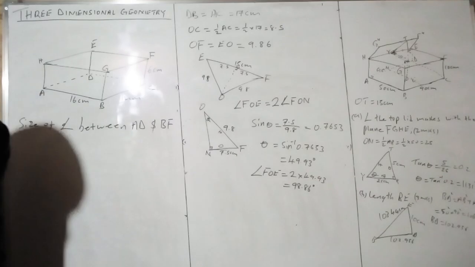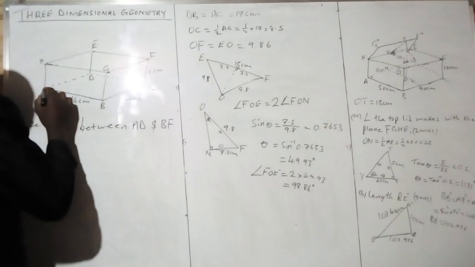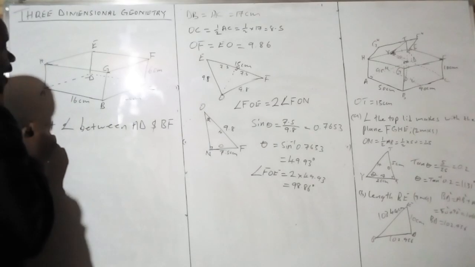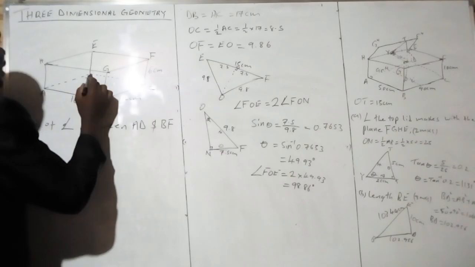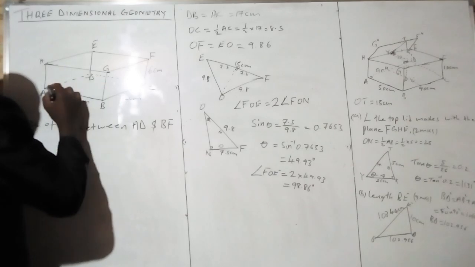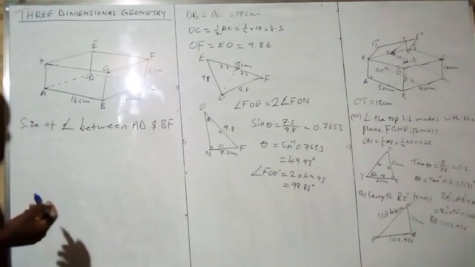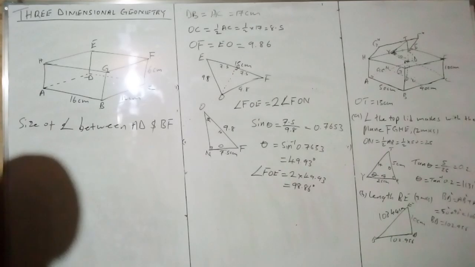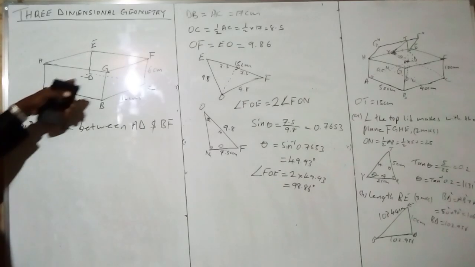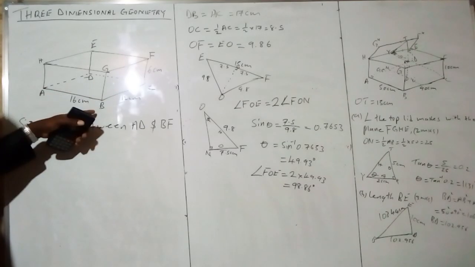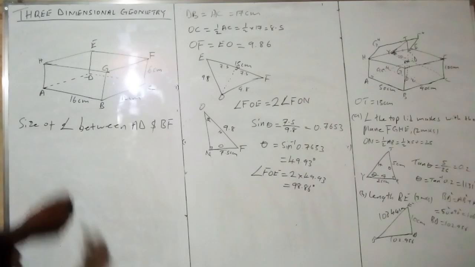The size of the angle between AD, where is AD? This is the AD. And BF, where is BF? This is BF. Calculate the size of the angle between AD and BF.